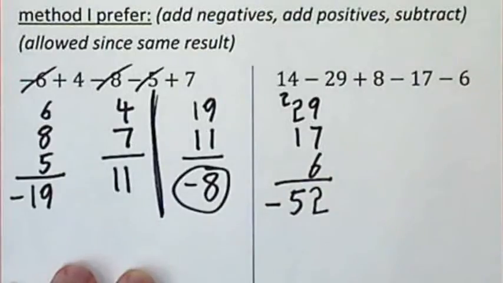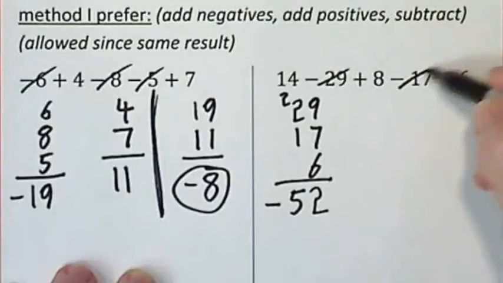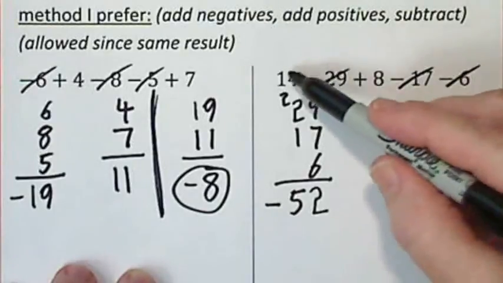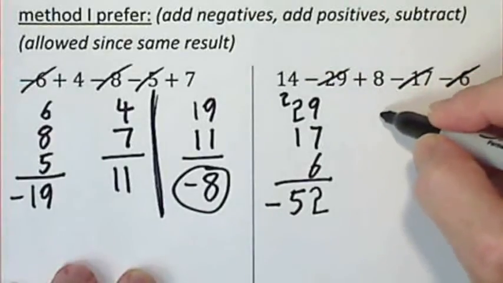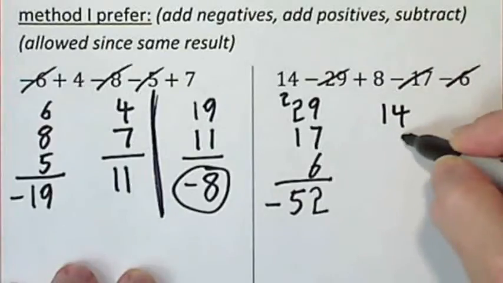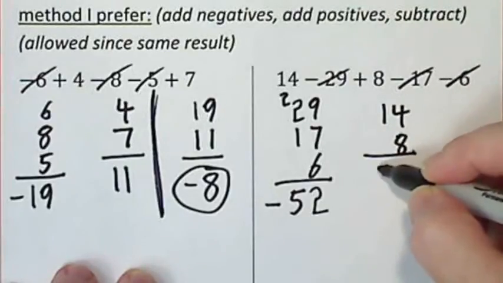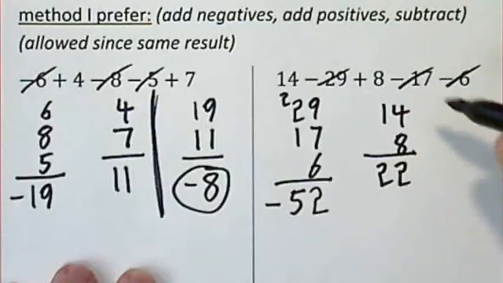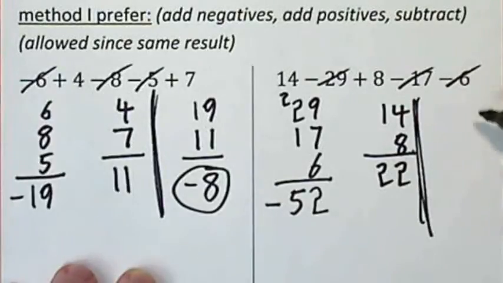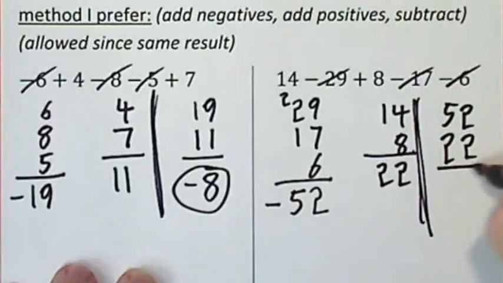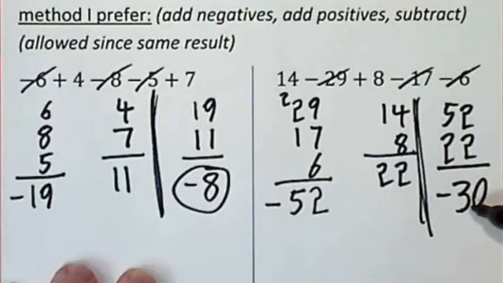I get negative 52. So it takes care of that one, and that one. The only thing left is the 14 and the 8. And that gives us a 22. This one's positive, and I just scratch a line. 52, 22. We're left with a negative 30.